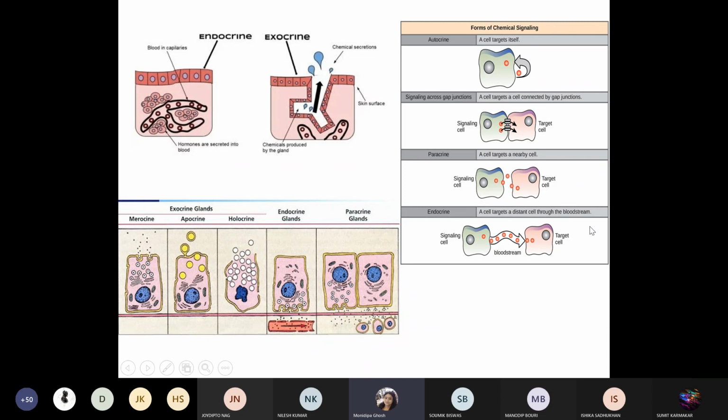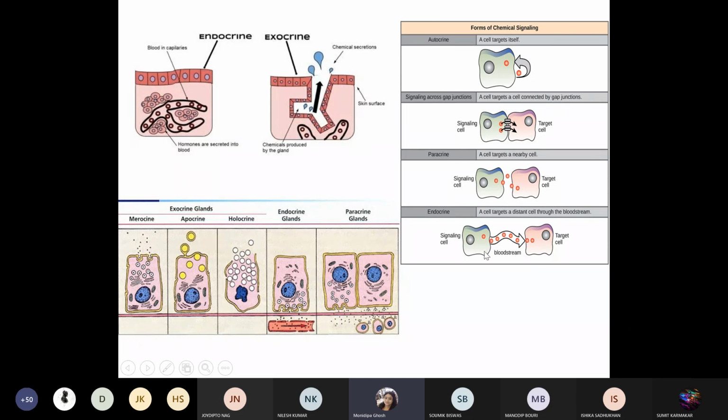And in the case of paracrine, the signaling molecules are released directly, and the nearby cells are the target cells, they absorb them there. So the paracrine system acts directly, releasing some chemokines from our origin cell to the target cell.